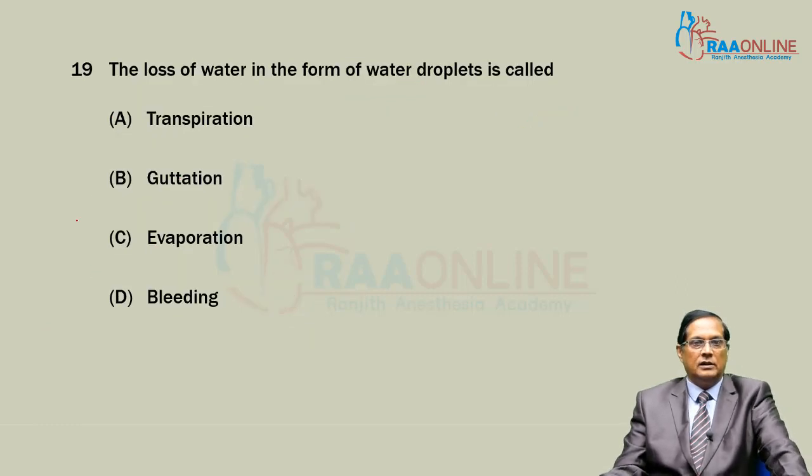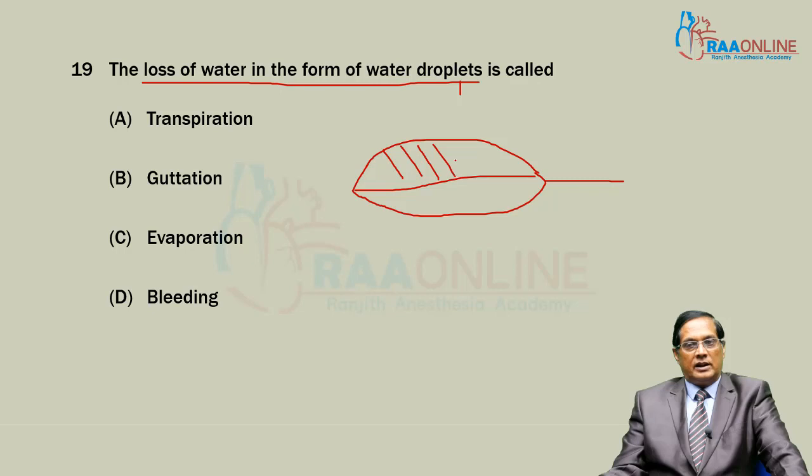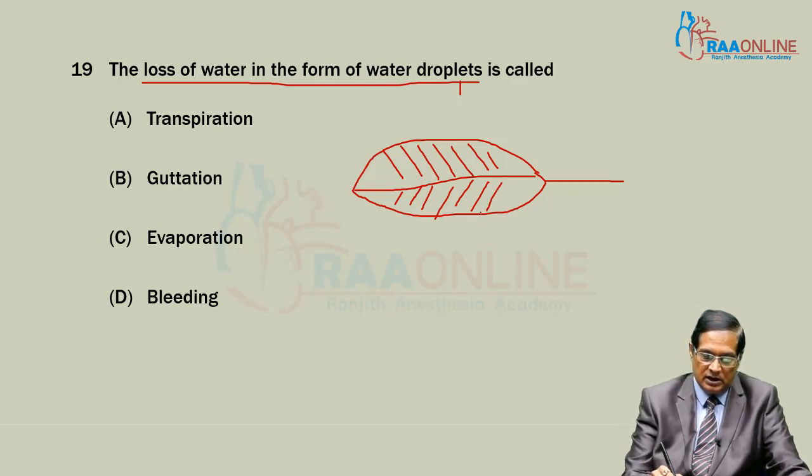Question 18. Loss of water in the form of water droplets. This is seen especially in winter season, early morning or late evening, when the rate of transpiration is low and absorption of water is high.